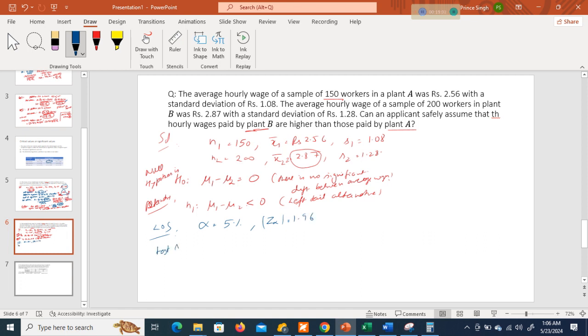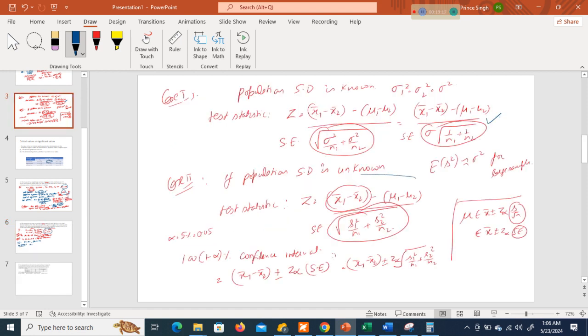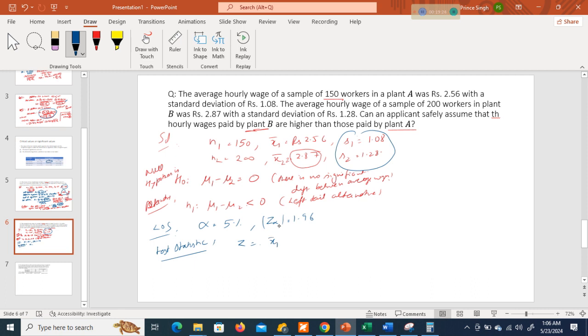So now we need to check the test statistic. So to calculate this, because in this case population standard deviation is not given, rather sample standard deviation is given, so we are going to refer to the formula for this one, where the population standard deviation is unknown. So what is the formula? (x1 bar minus x2 bar) minus (mu1 minus mu2) upon square root of s1 square upon n1 plus s2 square upon n2.